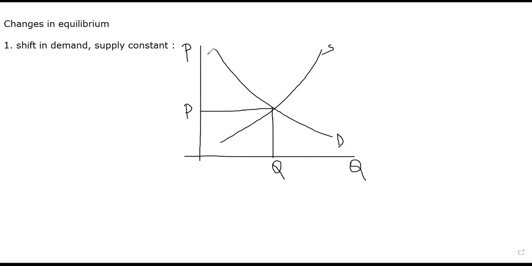Complementary good, no, not left. Complementary good, demand relationship, positive or negative? Negative, right? So when the price of a complementary good is falling, demand for its complement is going to move in the opposite direction. Did you get it?